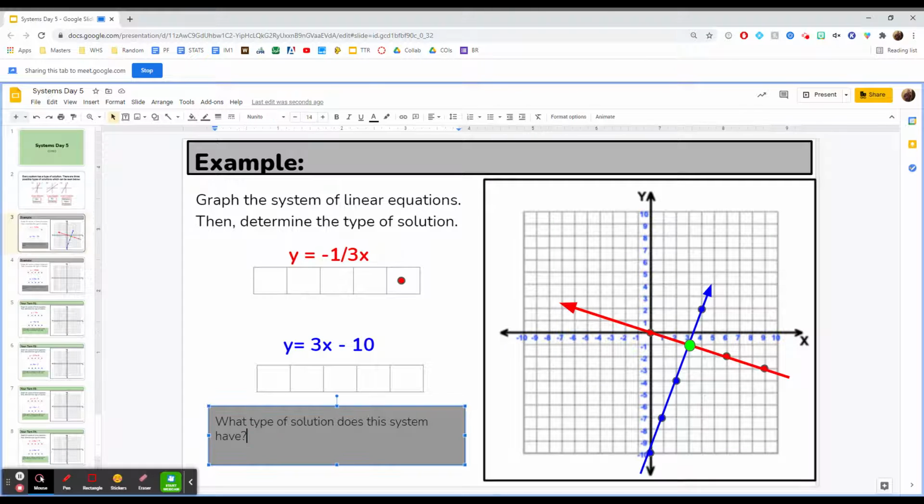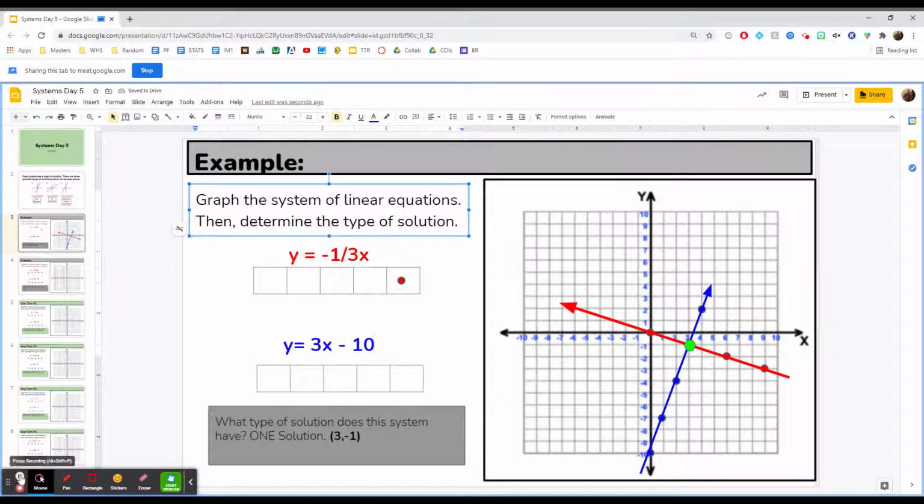So we're gonna say we have one solution, and that is (3, -1). Okay, so I'm gonna leave that in bold so that I know what the actual solution is.